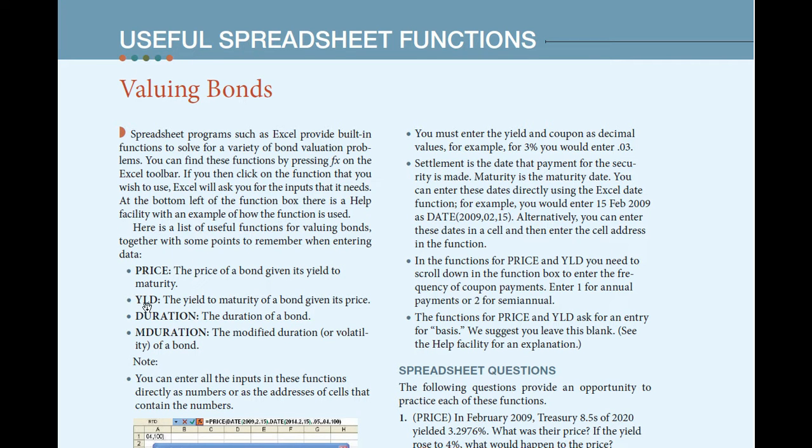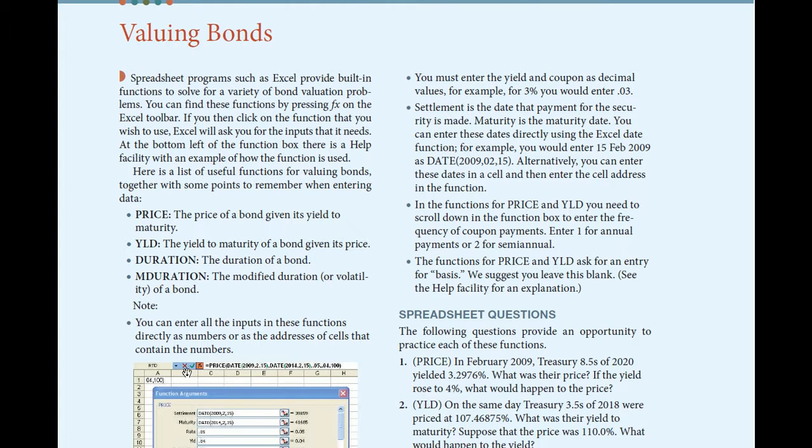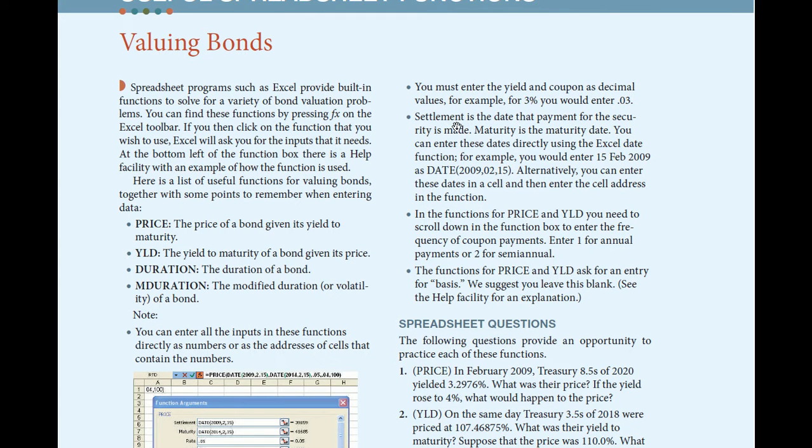The first is the yield to maturity, and the second is duration, and modified duration because we have other formulas for calculating duration. And settlement is the date that you buy or sell the security. Maturity is the maturity date. You can enter the date like in this formula.